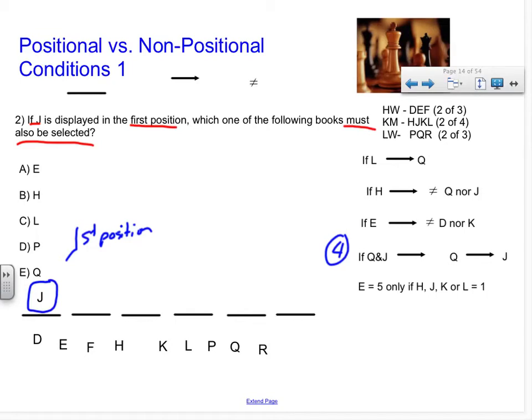So I can take my Q up here and eliminate Q. If I can't use Q, then I can't use L based on the first condition, because if L appears, Q has to appear. So I can take my L up here and cross it out. What else can I conclude?